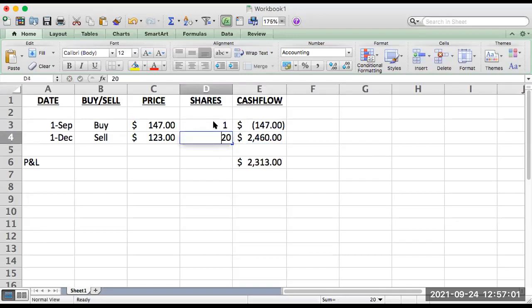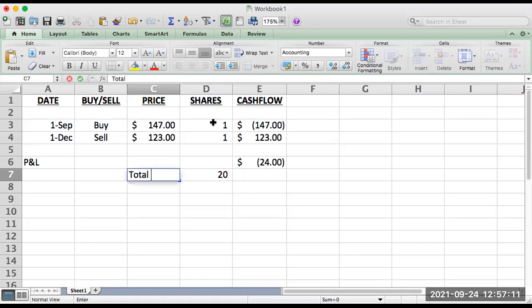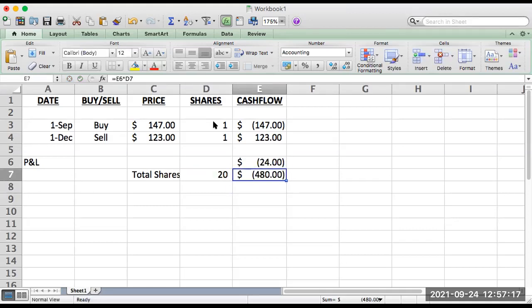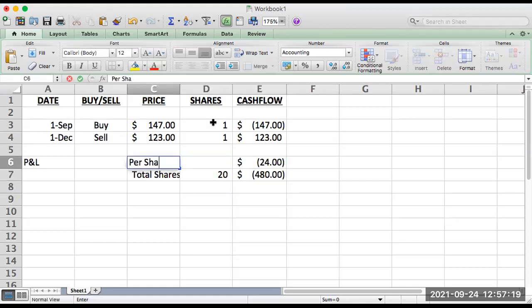Again, you can do this all for one share if you like, and then multiply it by the number of shares. Let's say you did 20. That times that, you get the same thing. This is probably an easier way to look at it when you start getting involved with margin.